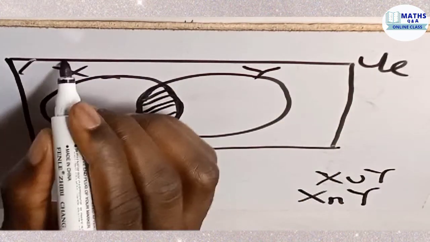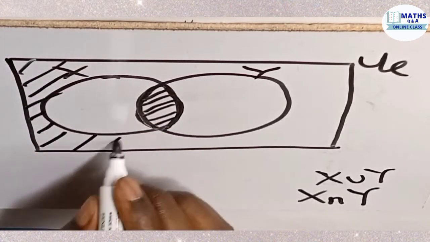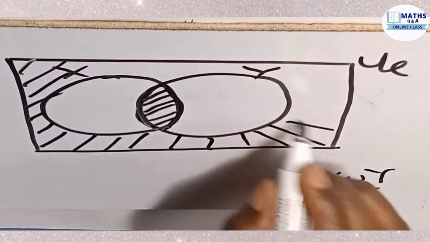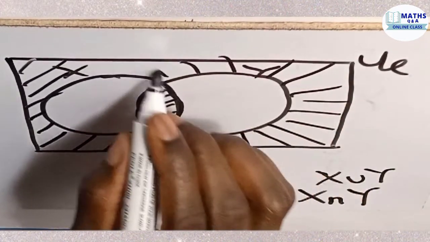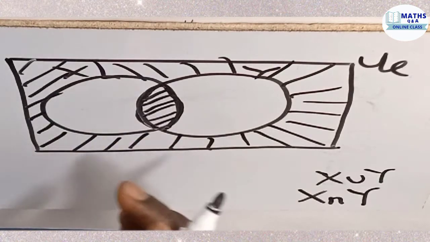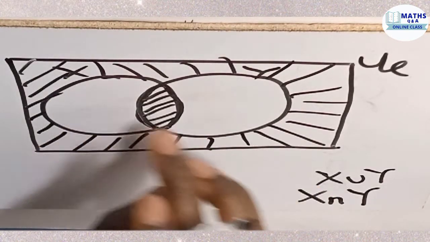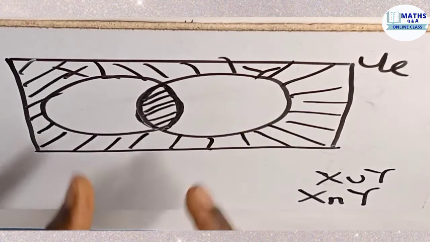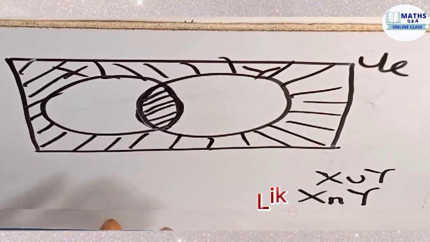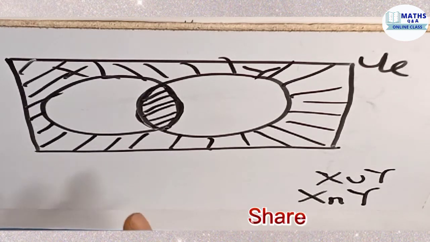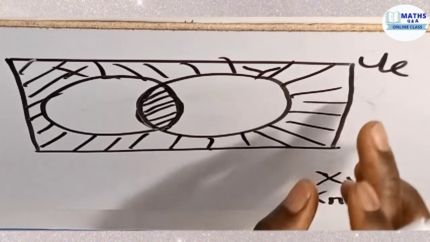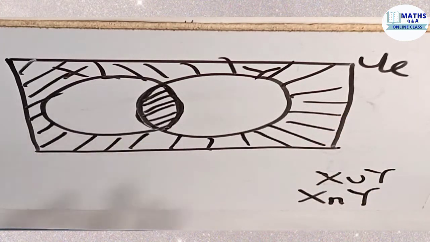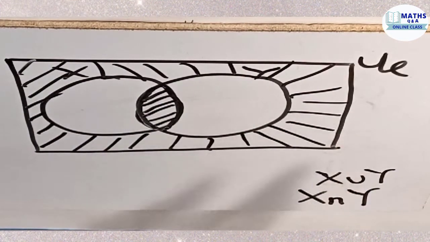So in case we shade this portion, any item, any variable, or any value which is written within the universal set but outside the union of X and Y, we call the complement of set X and Y. That means that those values are not in set X, they are also not in set Y, but they are in the universal set. So when you put set X and Y together, still you can't find those values, but you can find them within the universal set.